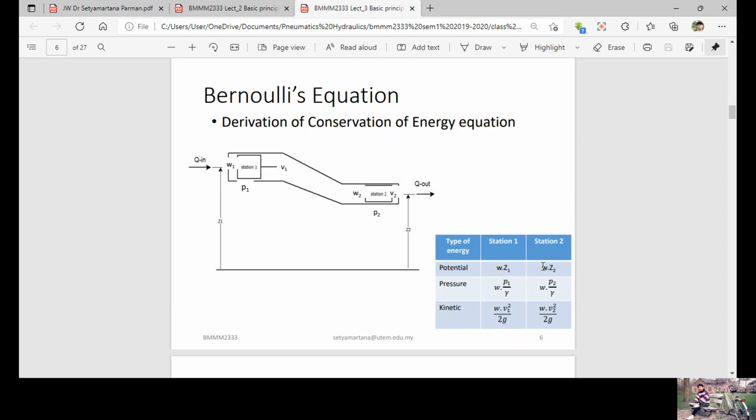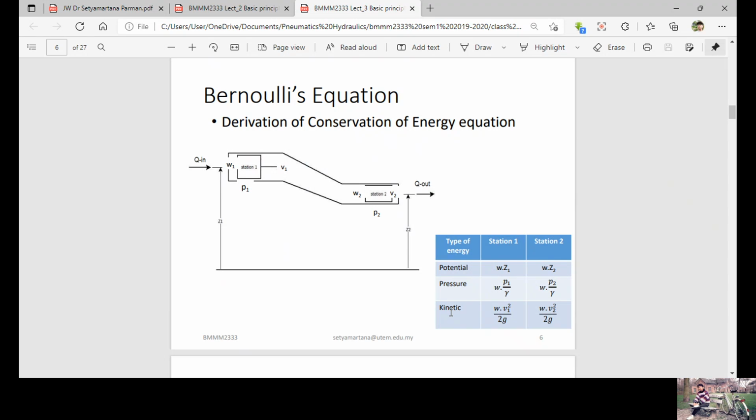At station 2, potential energy is the width multiplied by Z2. At station 1, the pressure energy is the width multiplied by the pressure P1 divided by gamma. While at station 2, it is the width multiplied by the pressure at station 2 divided by gamma.